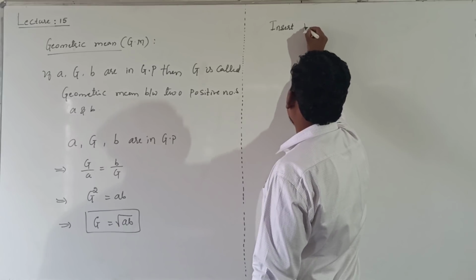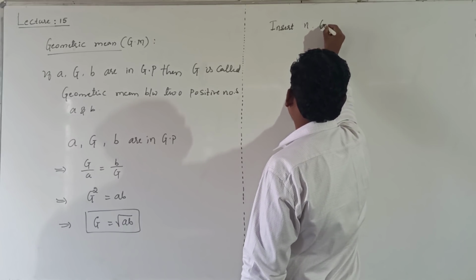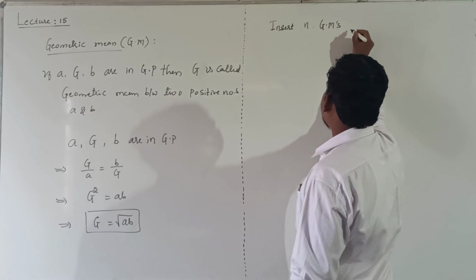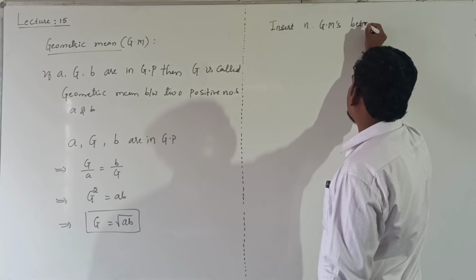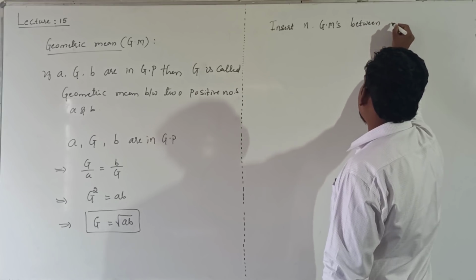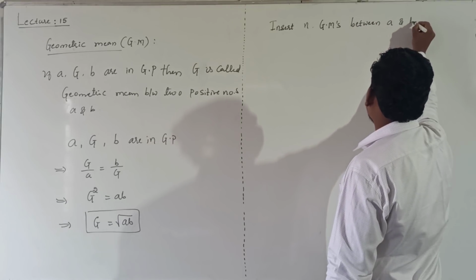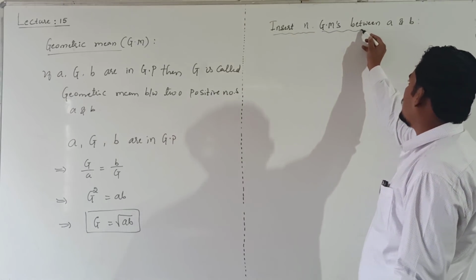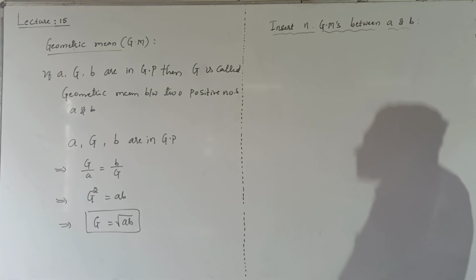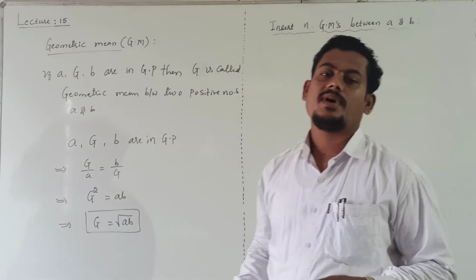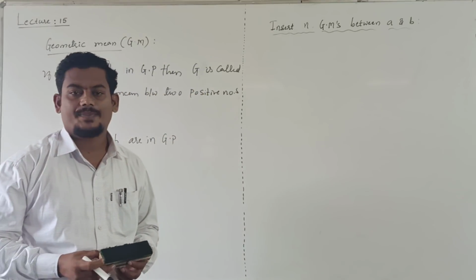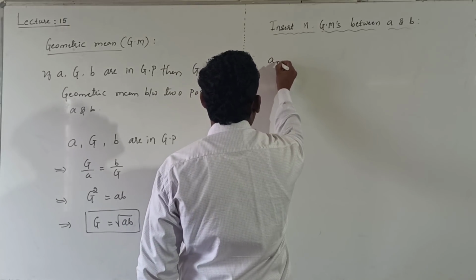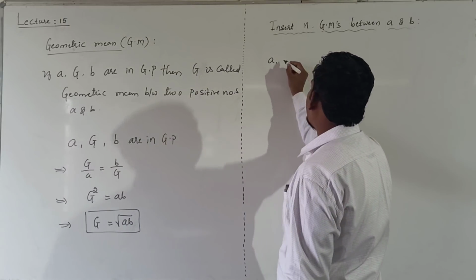Insert n GMs between small a and small b. We need to insert n geometric means, or n numbers, between two numbers such that the resulting sequence is GP.